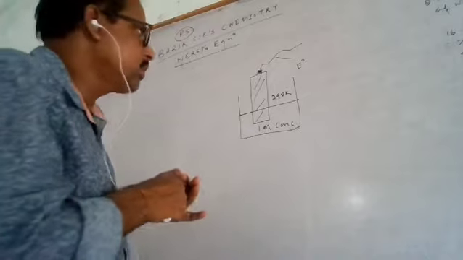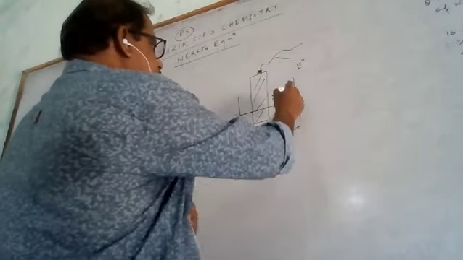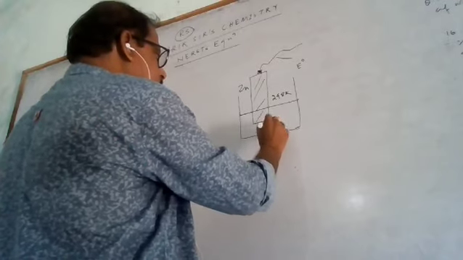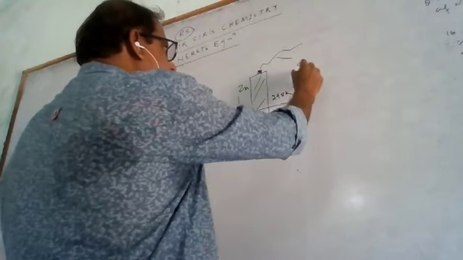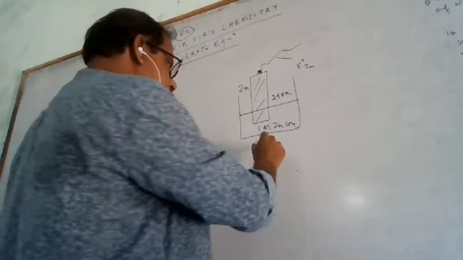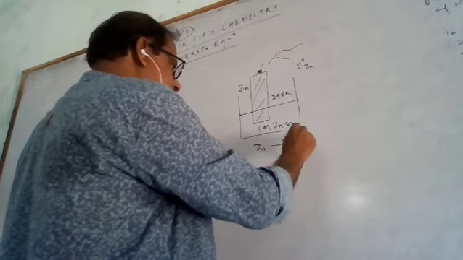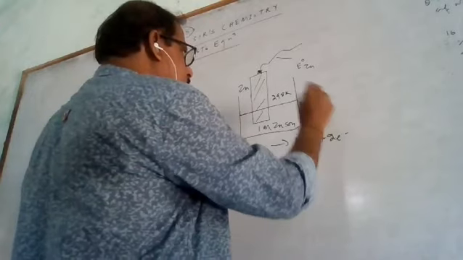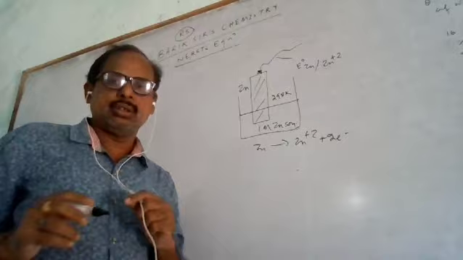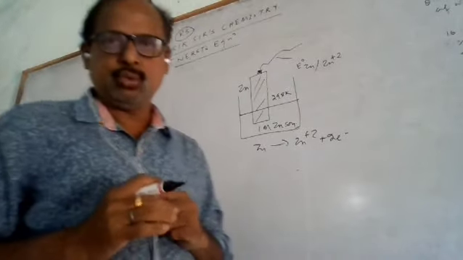If we take zinc and here we take 1 M zinc sulfate solution, then zinc is most of the time used as the oxidation potential. Here the reaction takes place, Zn converts to Zn plus 2 with 2 electrons. So the electrode potential will be E naught Zn to Zn plus 2.